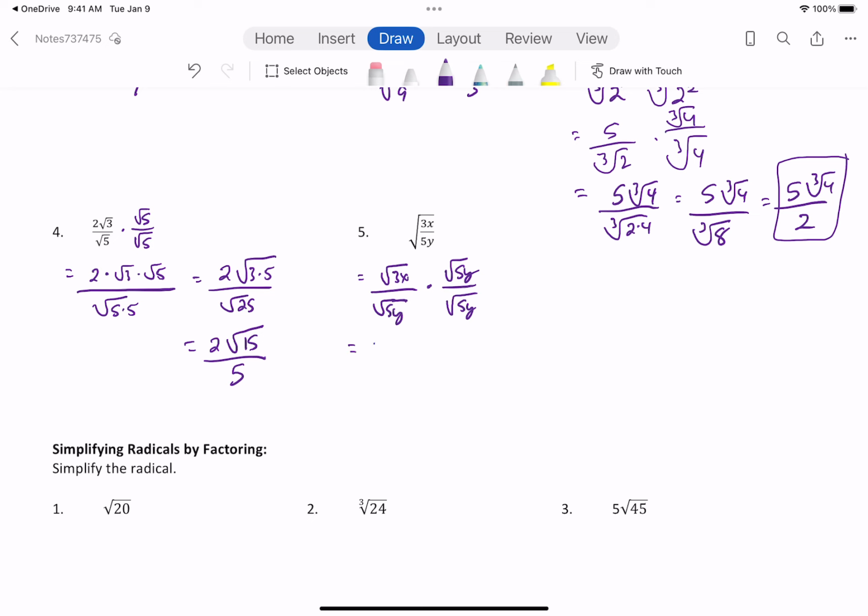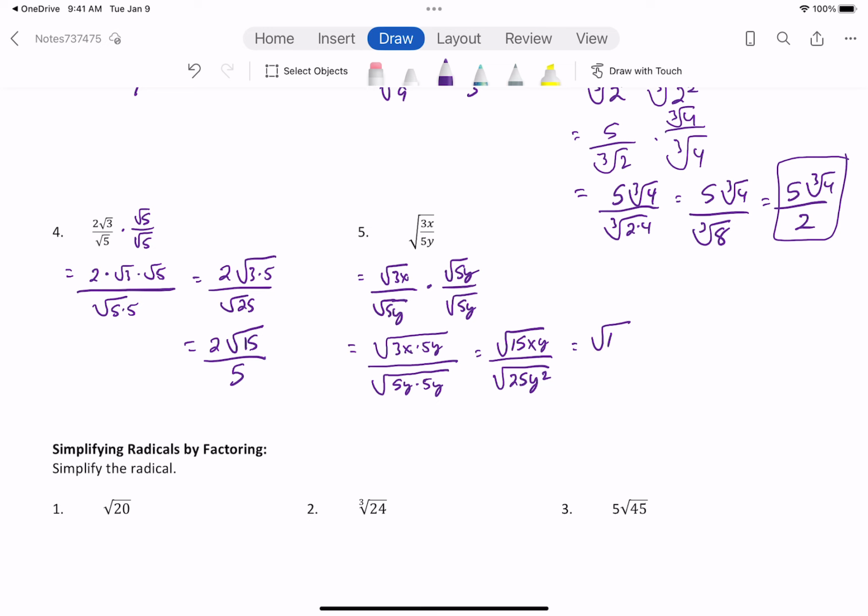So in the top, we're going to get the square root of 3x times 5y. And in the bottom, we're going to get the square root of 5y times 5y. So in the top, we get the square root of 3 times 5, which is 15xy. And the bottom, the square root of 5 times 5 is 25. Y times y is y squared.